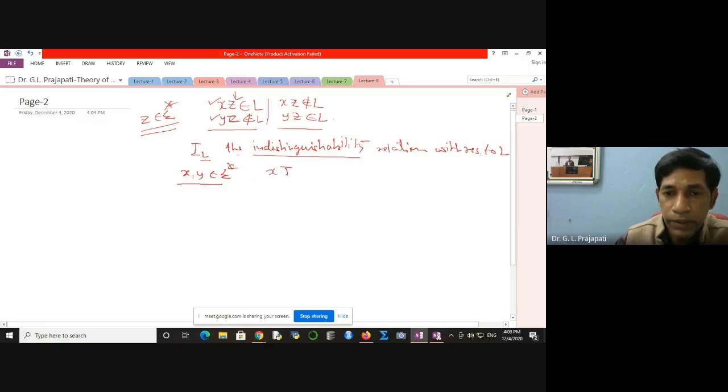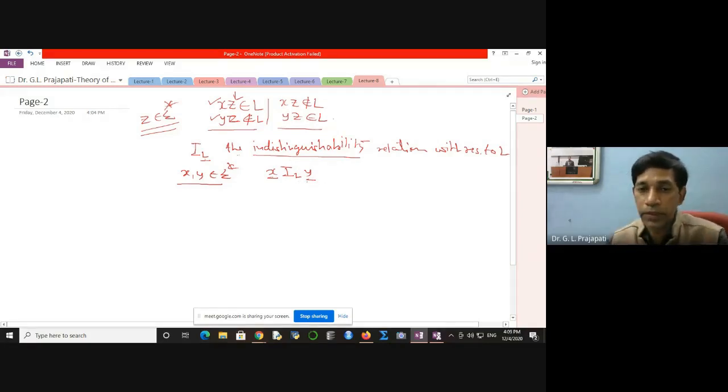X is related with y means we say that the strings x and y are in this relation. What is the relation? IL, the indistinguishability relation.